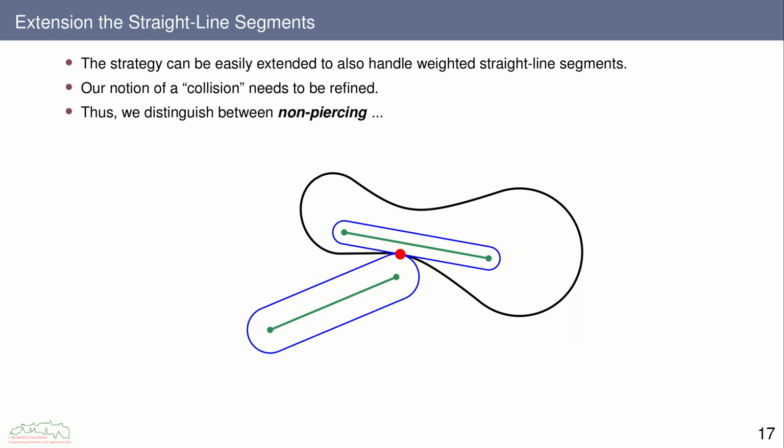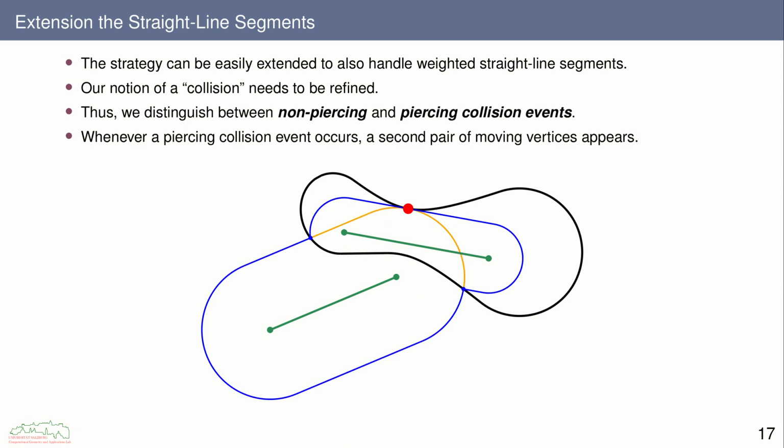The strategy can be easily extended to also handle weighted straight line segments. To achieve this, we need to refine our notion of a collision. Thus we distinguish between non-piercing collisions, which you can see down here, and piercing collisions.